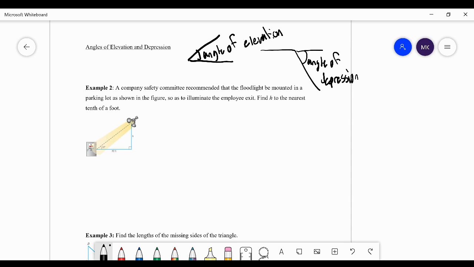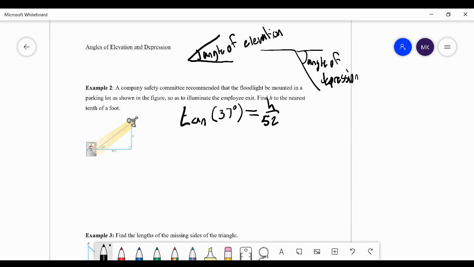So we can set this up. We can say, okay, well, that means that the tangent of 37 degrees is equal to, now tangent is opposite over adjacent. Our opposite side here is h. Our adjacent side is 52 feet.